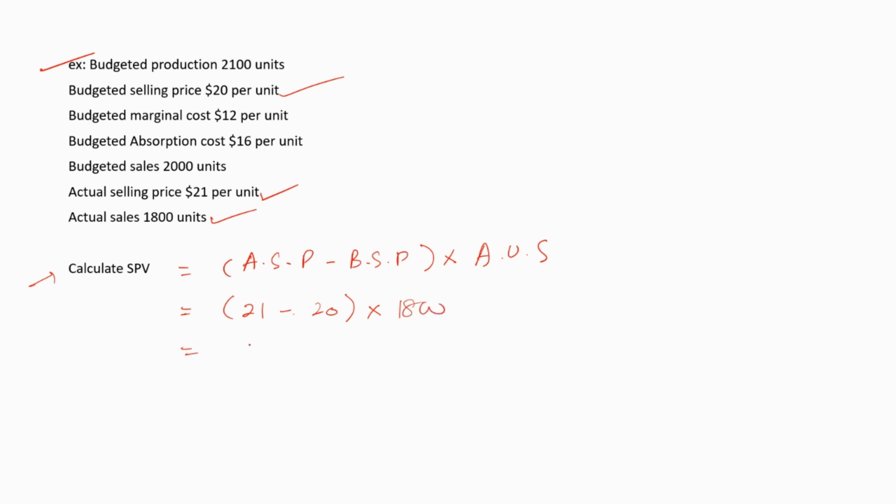So this is equal to positive 1800. This is a favorable value. This is because the actual selling price is higher than the budgeted selling price. If the actual selling price is higher, it is favorable to the company, which is a positive impact.